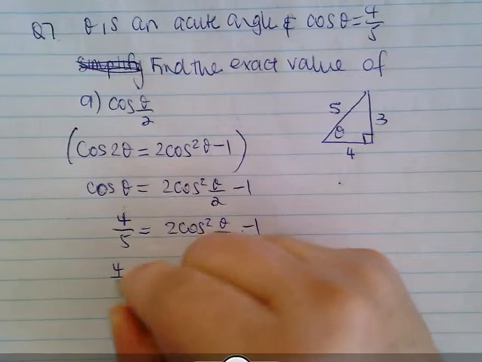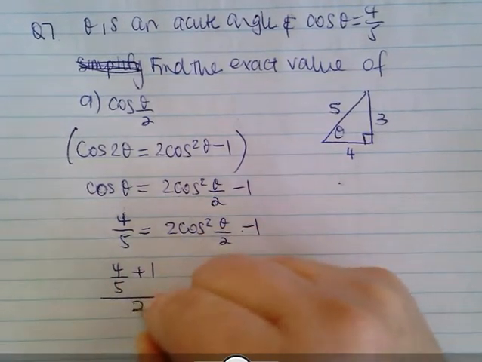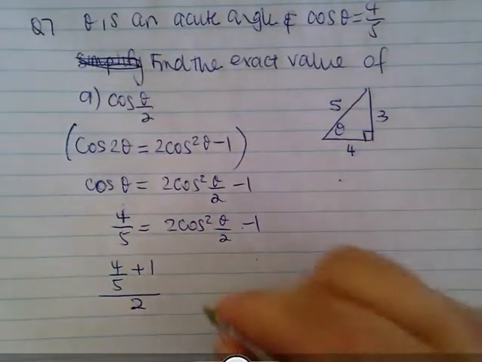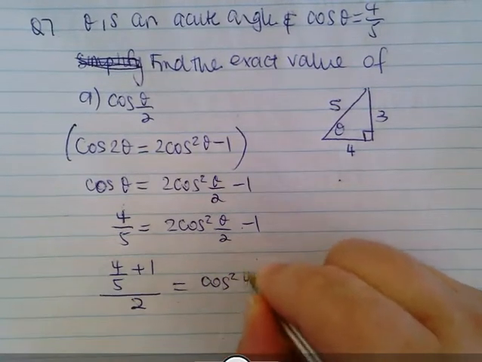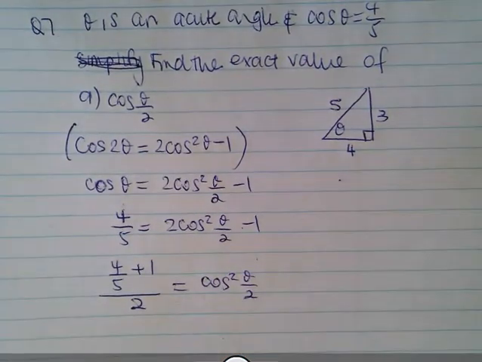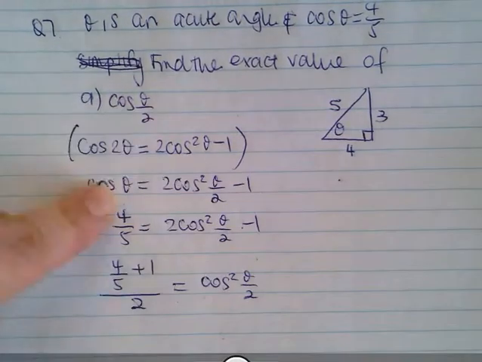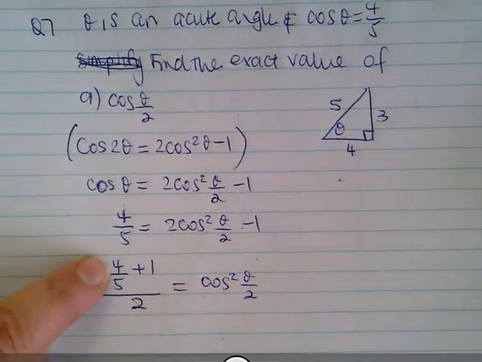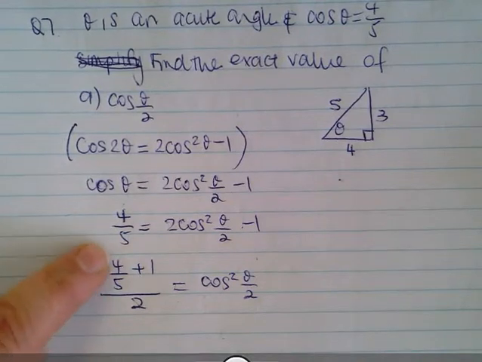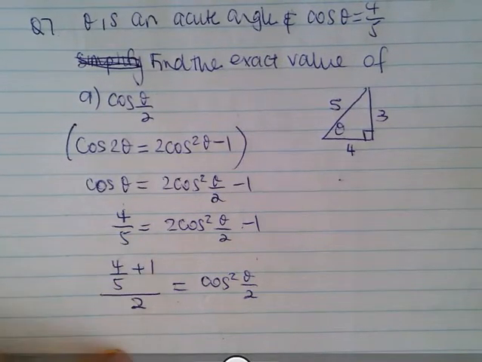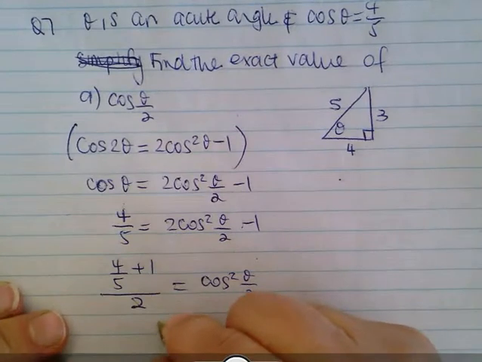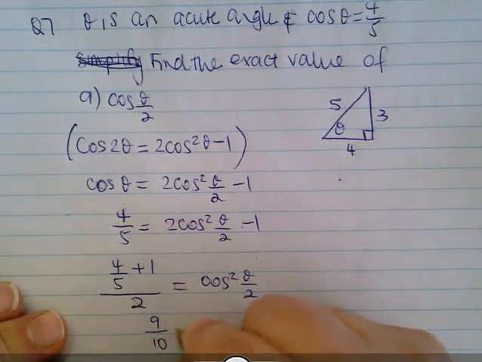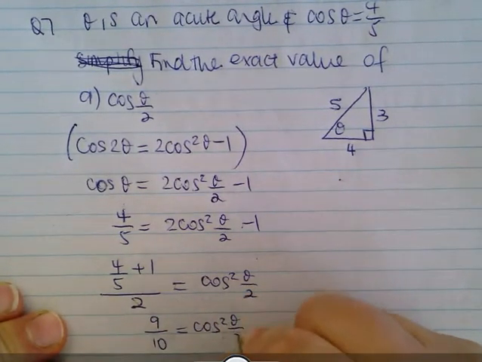So 4/5 plus 1 divided by 2 equals cos squared theta on 2. I've just made cos squared theta on 2 the subject. That's 9 over 5 divided by 2, which is 9/10. So 9/10 is cos squared theta on 2.